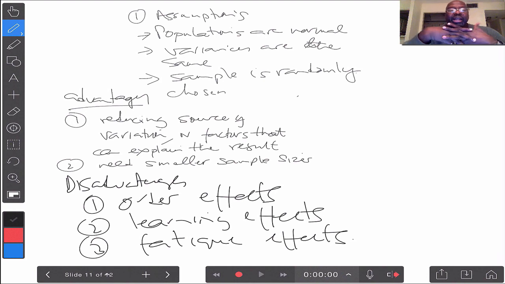How can you eradicate those? By going back to a completely randomized design, but then you have the disadvantages of the fact that you have other factors that may explain the outcome that you see. So you kind of have to balance those two things. So in terms of order effects, what you would do to minimize it is randomize the sequence among the different subjects that you have in your experiment.